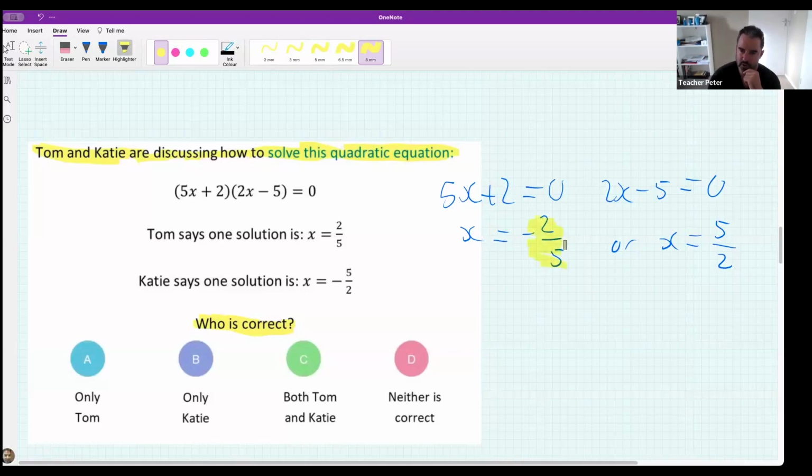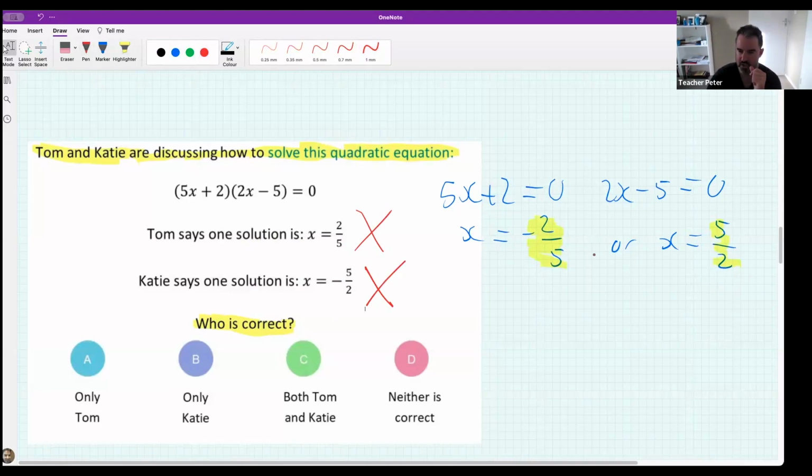But now I have to look at the question and see. So Tom says one solution is 2 over 5. Well, I'm afraid I don't agree with Tom. I only see a solution which is minus 2 over 5. Katie says a solution is minus 5 over 2. But I disagree with Katie because the answer I got was 5 over 2.